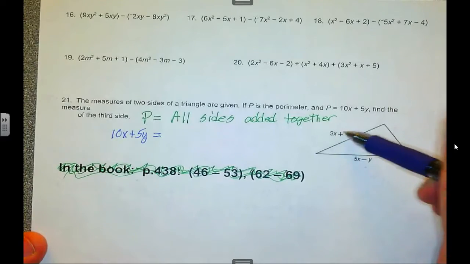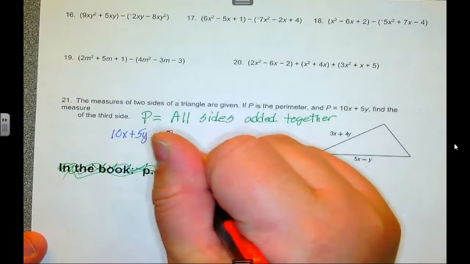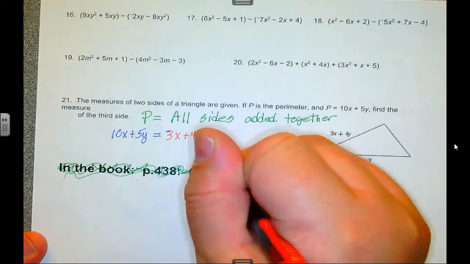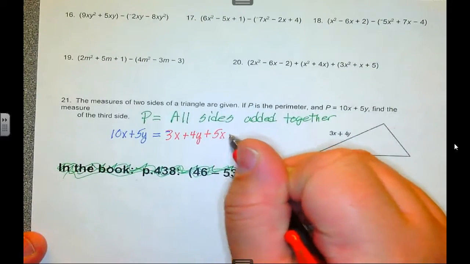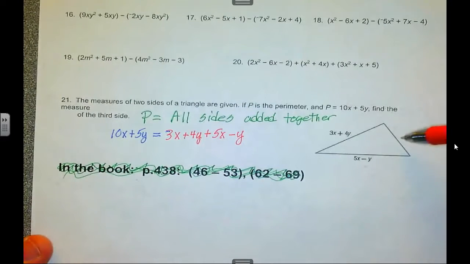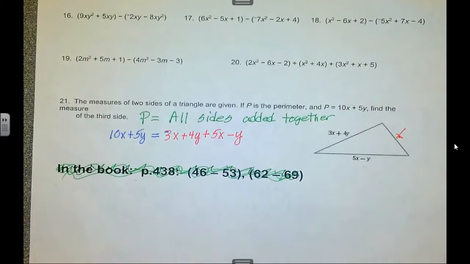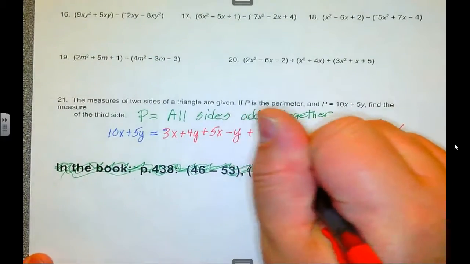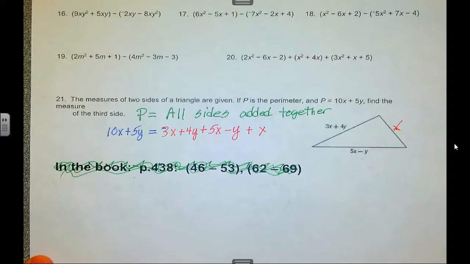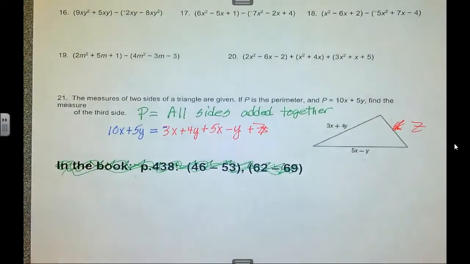And I know that 3x plus 4y plus 5x minus y, but we don't know the length of this side. So we have to find this length. I'm just going to call it x for now. Actually, let me call it z. I'm just going to make it different.